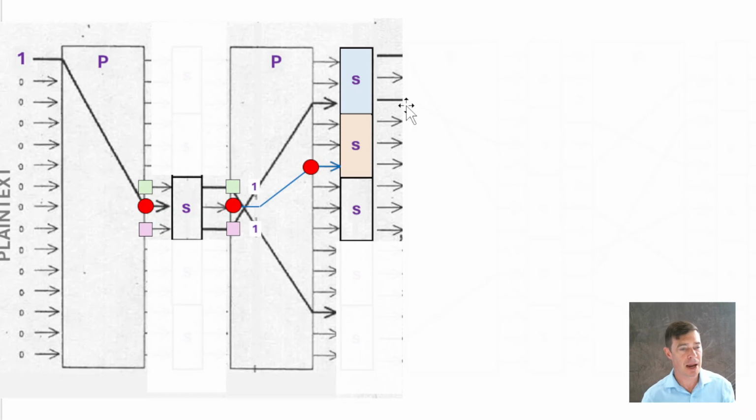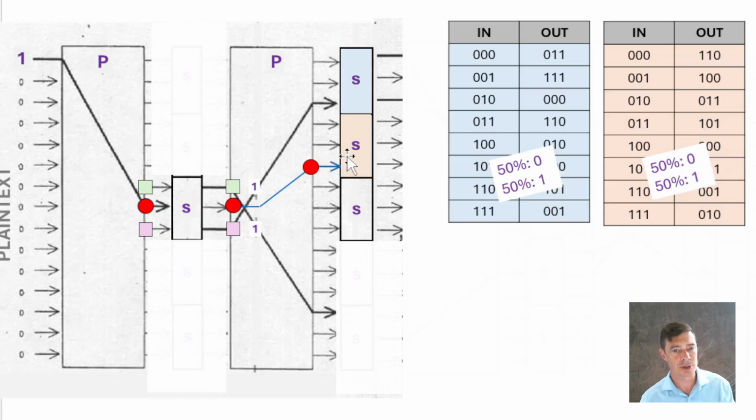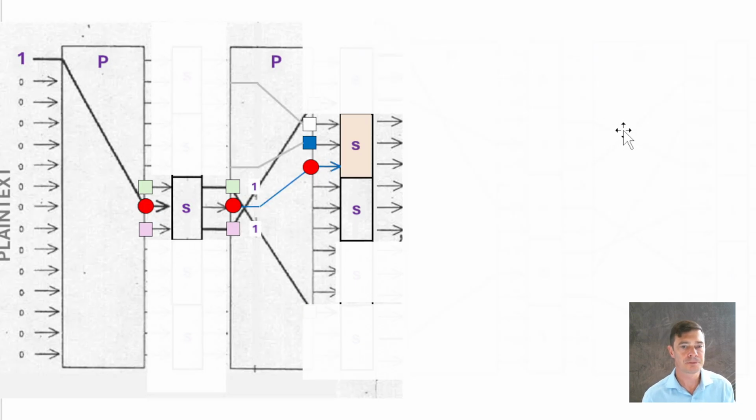And again, I'm expanding now on Feistel's example. When our single bit leaves this box, it's going to go through the permutation box, a shuffle, and it's going to change locations. And when it goes into the next S box, substitution box, this substitution box is a different type of transformation because all S boxes have slightly different designs, slightly different ways to achieve this 50-50 chance of their output values.